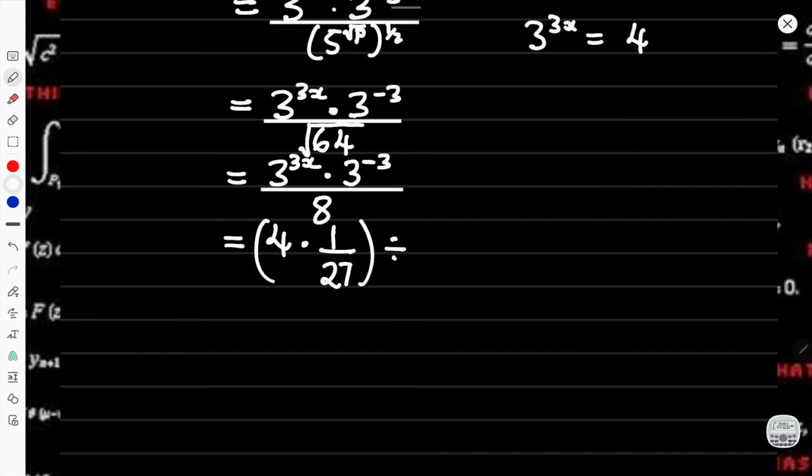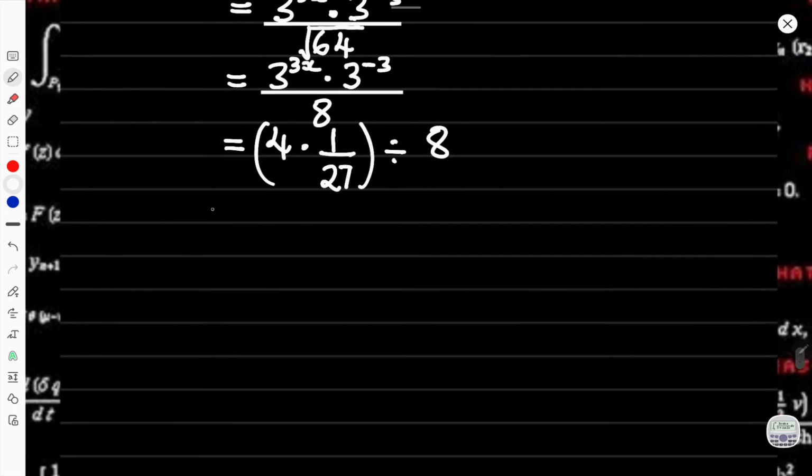Over is the same as divide by 8. Then this is the same as 4 over 27 multiplied by 1 over 8.